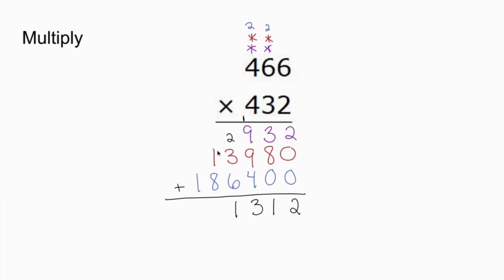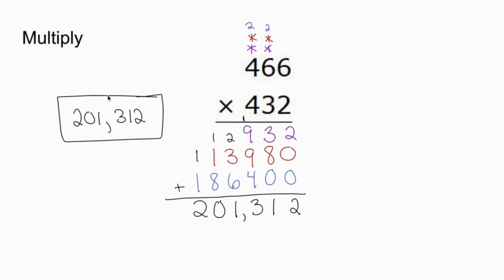Write out a 1, carry over a 1. 1 plus 1 is 2. 2 plus 8 is 10. Write out a 0, carry over a 1. And 1 plus 1 is 2. So let's go from the right, count out our commas, 1, 2, 3, comma, 1, 2, 3, we're done. And we end up with 201,312. And that is our answer.